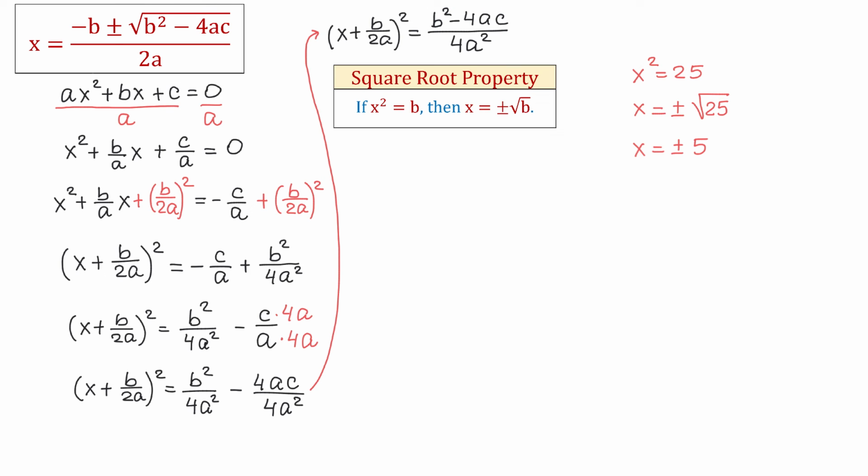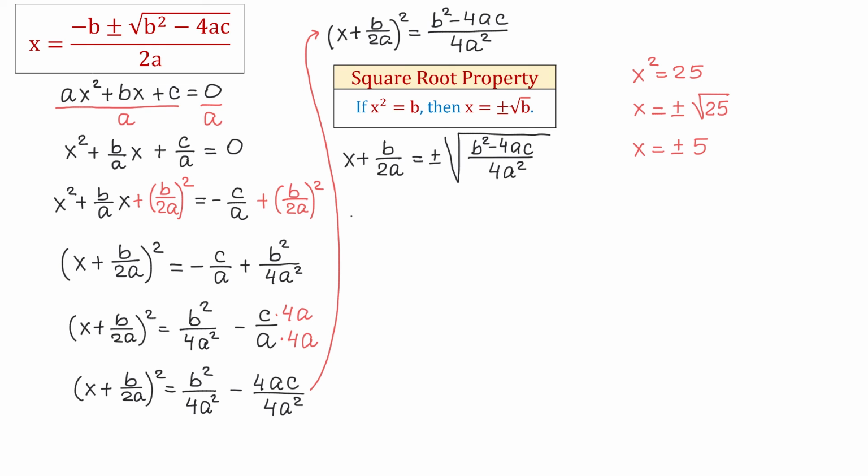So then we will have x plus b over 2a equals plus or minus square root, and inside b squared minus 4ac all over 4a squared. Now, when we have the square root of a fraction, we can take individually the square root of the numerator and then the square root of the denominator.